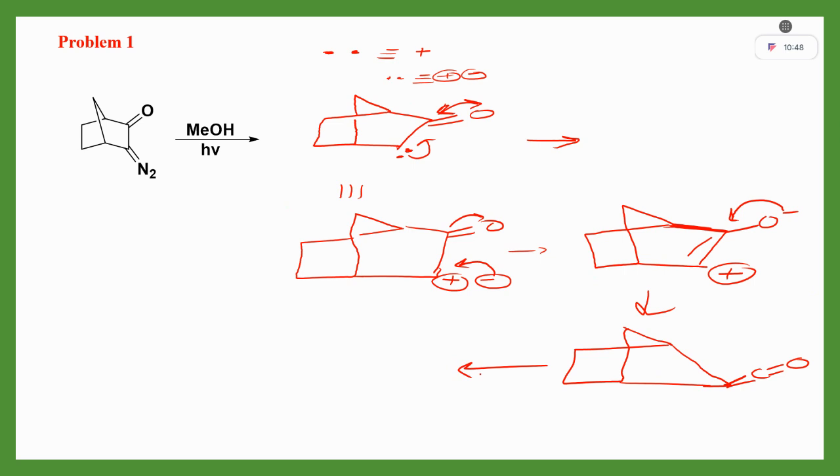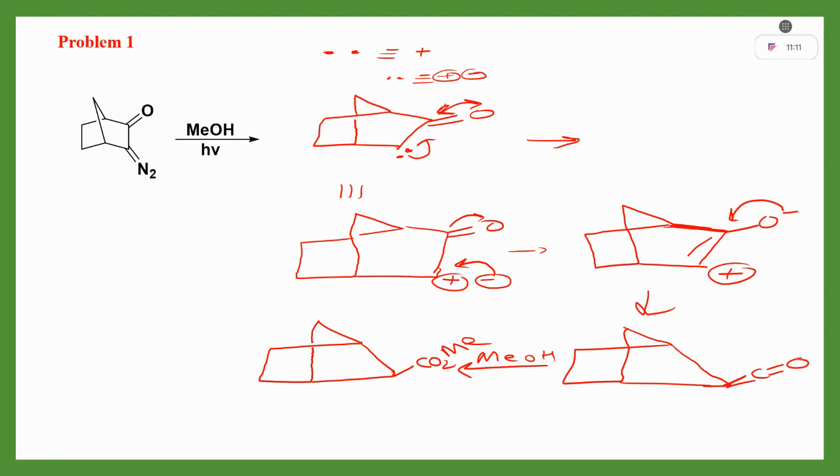The nucleophile is nothing but your solvent, that is methanol. It will give CO2Me.